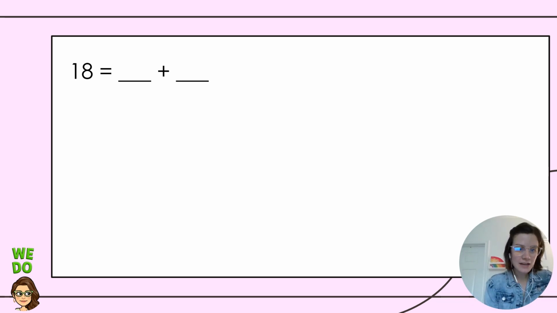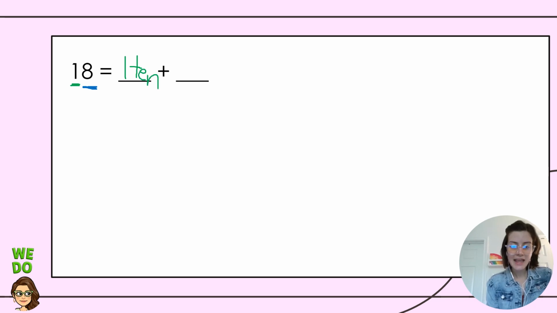So when I look at the number 18, I have 1 ten and I have 8 ones. I know this because I'm looking at each place value. There is a 1 in my tens place, so that equals 1 ten.